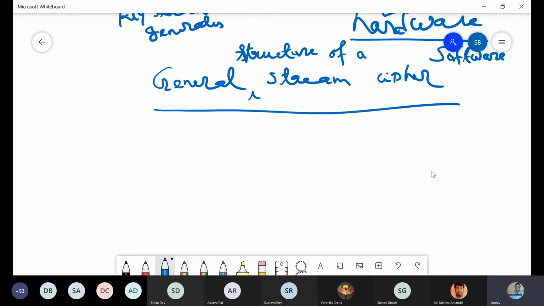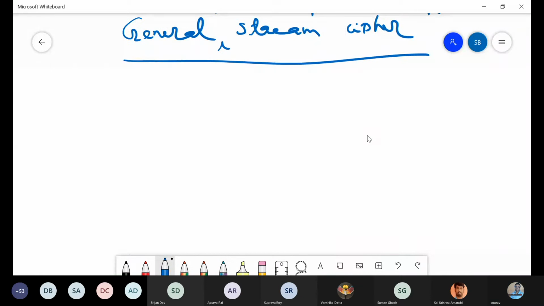Okay, so general structure of a stream cipher. Basically we have a kind of finite state machine. You can relate this to an LFSR. We have an LFSR, which has some internal state.